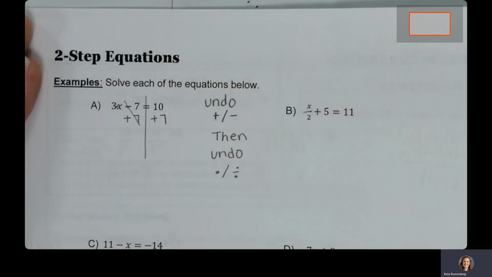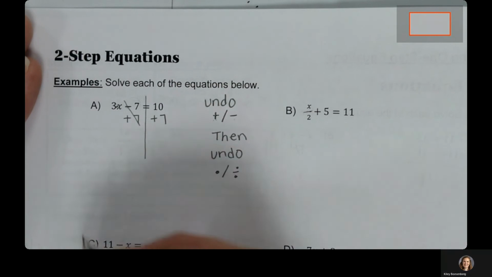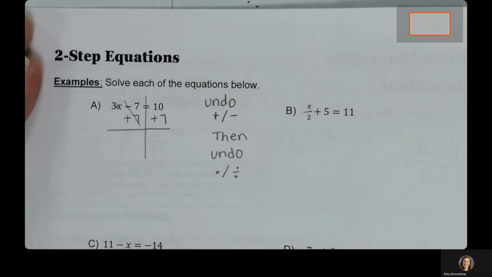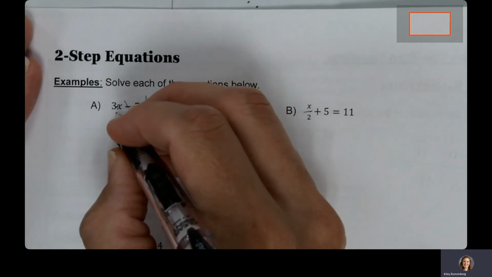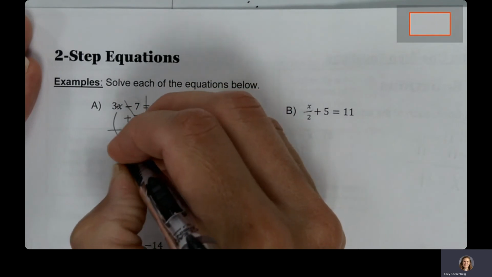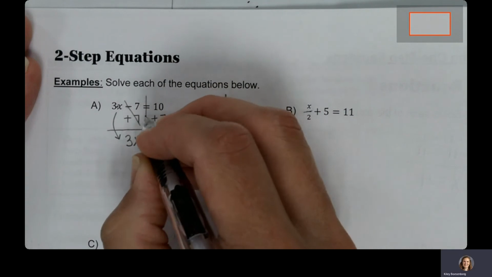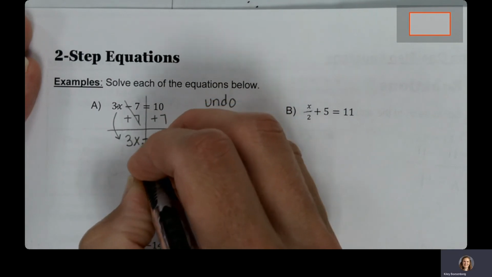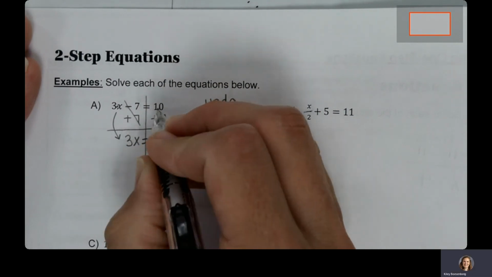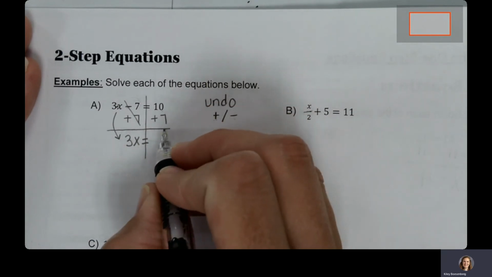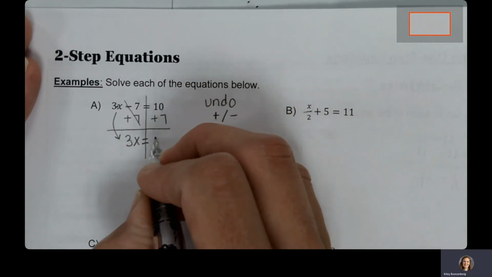Okay, so that cancels out on the left. And now bring down what you still have. What I still have on this left side is a 3x. I still have an equal sign here. And then I'm going to take 10 and add 7 to it. So 10 plus 7 is 17.